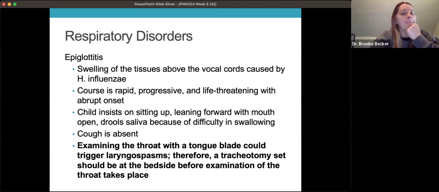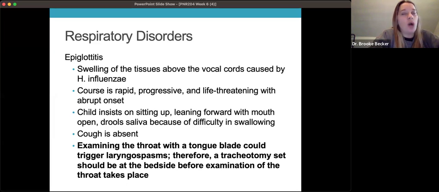Okay. So if you have a kid coming in that's drooling and they've not been coughing and they're just working, like trying to get in any position to get some air down their trachea, then that would be something really concerning that you'll have to be grabbing that provider really quick.